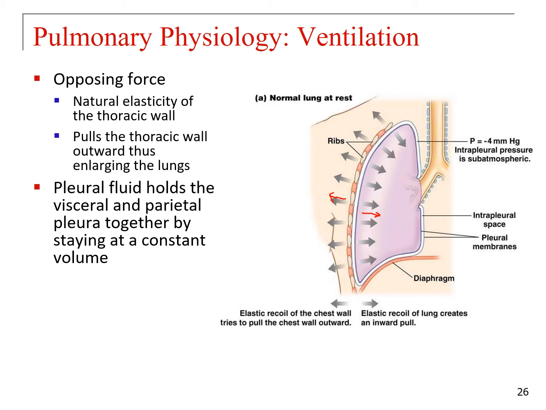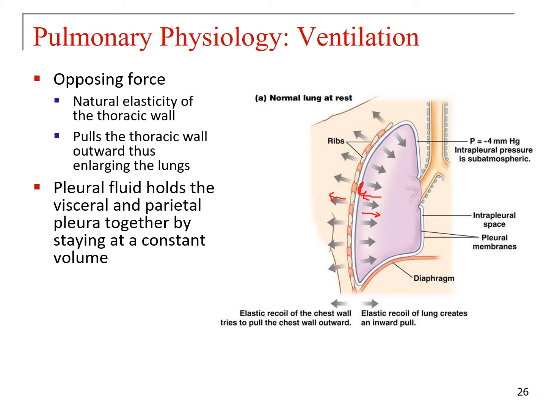So basically, let's say that the thoracic wall is moving outwards. What that's going to do is momentarily drop the pressure here in the pleural cavity, and then that's going to drag the lungs themselves outward.